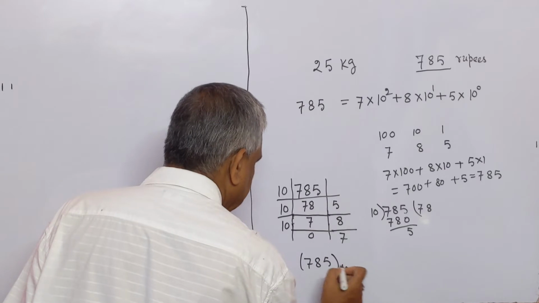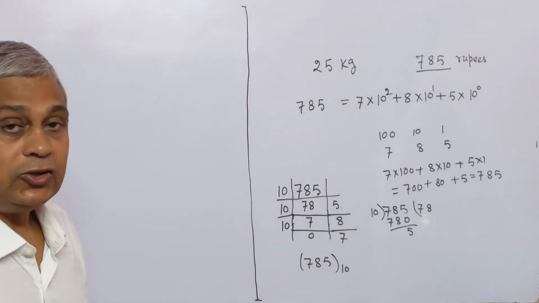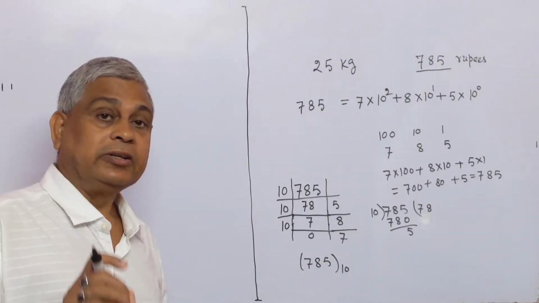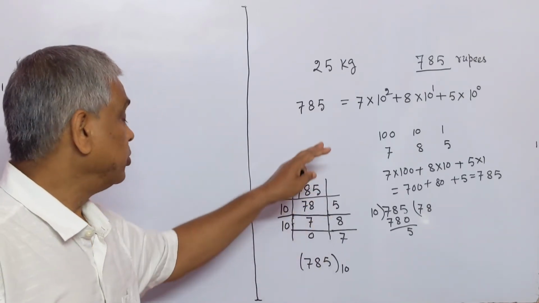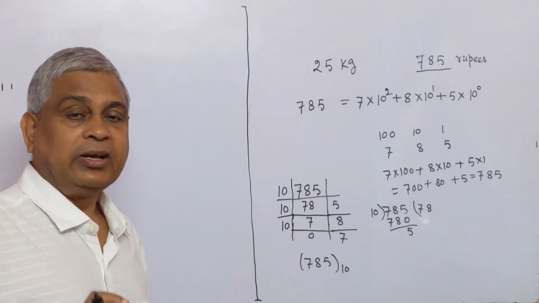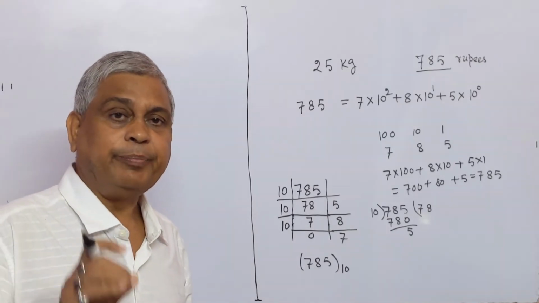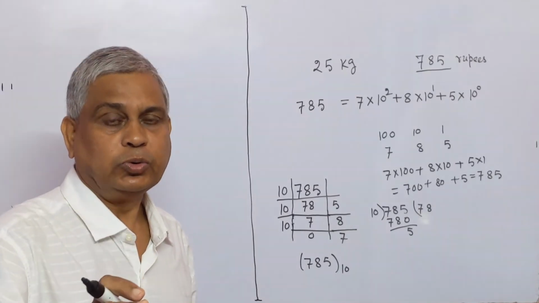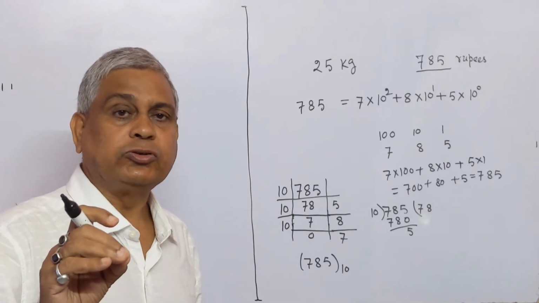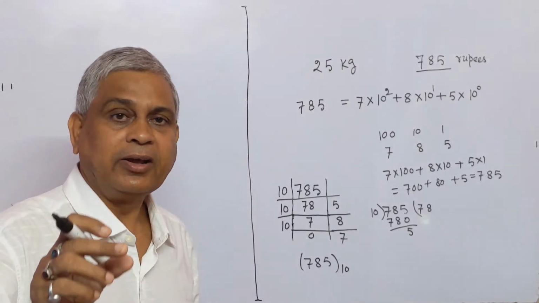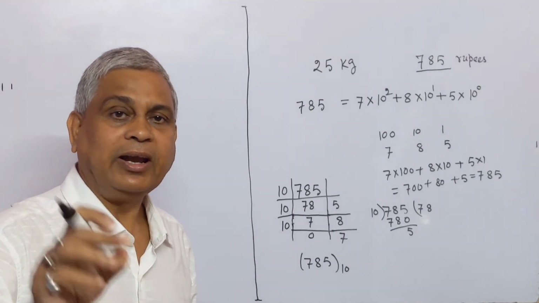That is a number in decimal system. Now we speak about numbers in binary system, similar to decimal system. In binary system, base is 2 and digits used to construct the number are 0 and 1, less than 2.